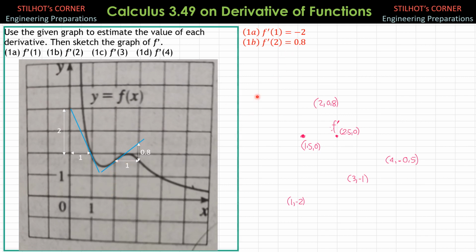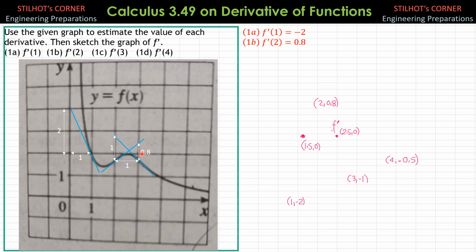0.8 divided by 1. Then at x is 3. So this is the point. And again, we have 1 here. This is about 0.7, and this is about 0.3. Same as before. So 0.7 plus 0.3, the rise is 1.